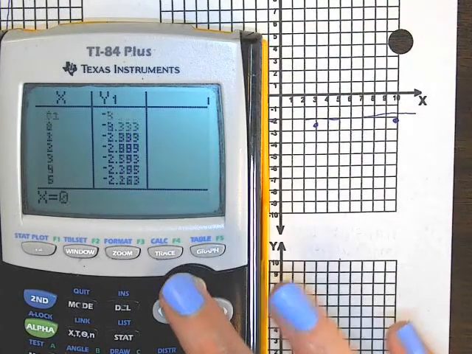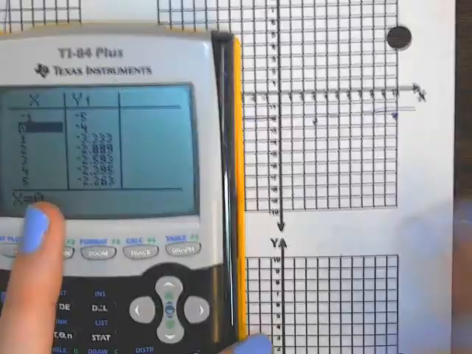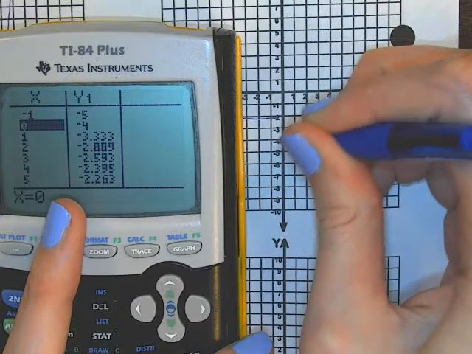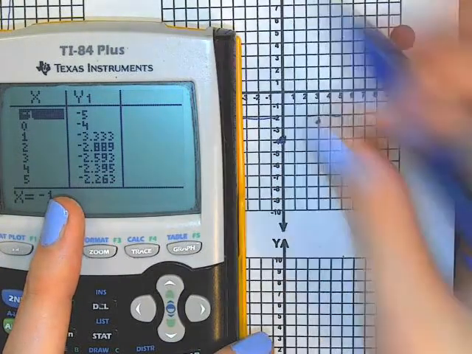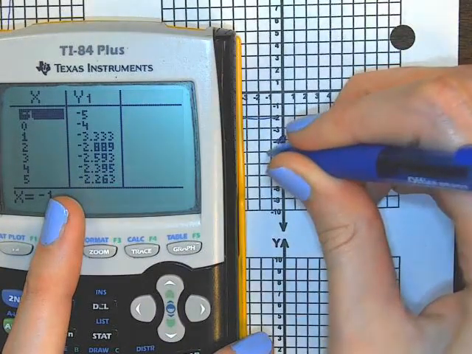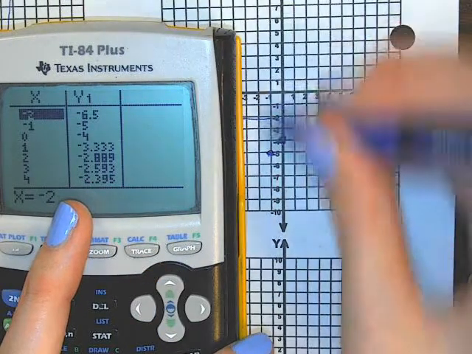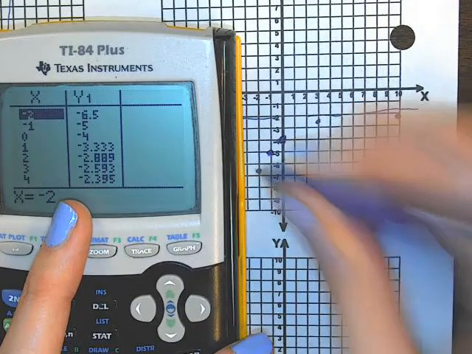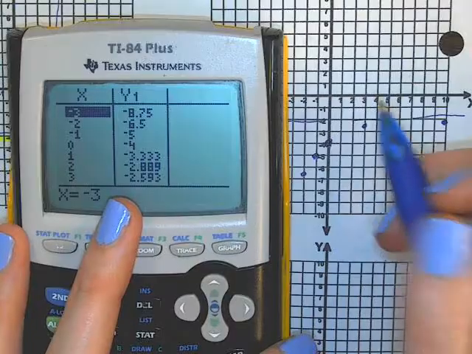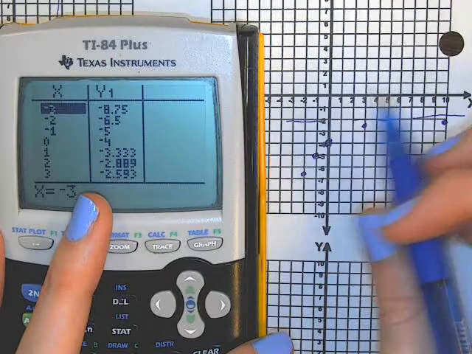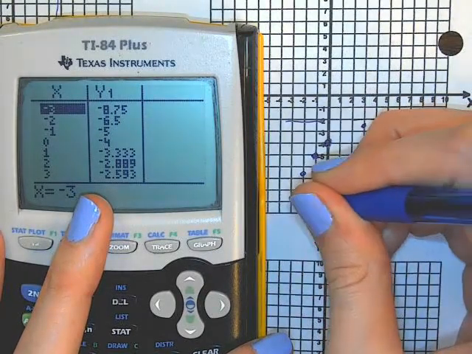Keep going. 0, -4. Like 2.9. Also. -1, -5. Wait, no, 2.9. And -2, -6.5. And this is probably the last one I can graph before it goes off the grid.